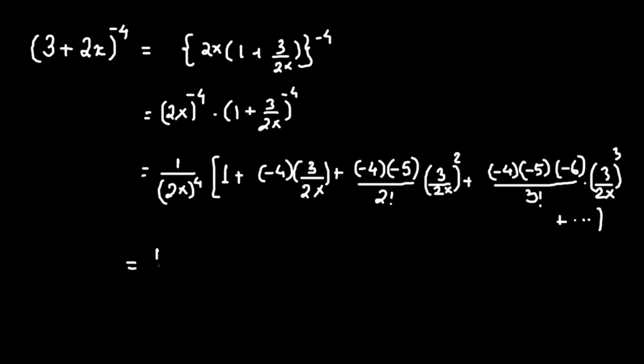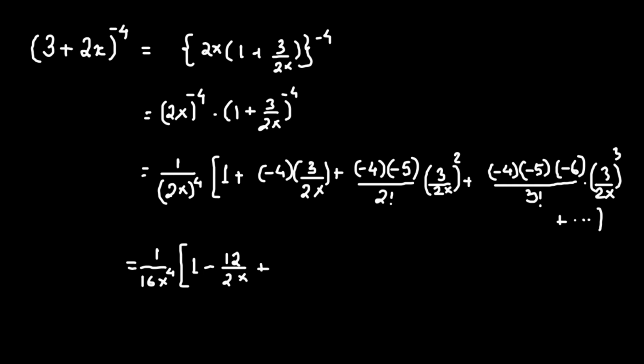Now we go ahead and further simplify it. So we get 1 over, 2 raised to the power 4 is 16, times x raised to the power of 4, times [1. Then we have negative 4 times 3, which is negative 12, over 2x. Then we have negative 4 times negative 5, which is positive 20.